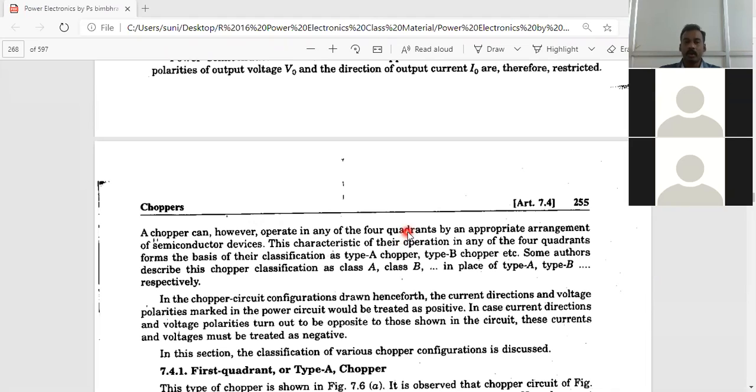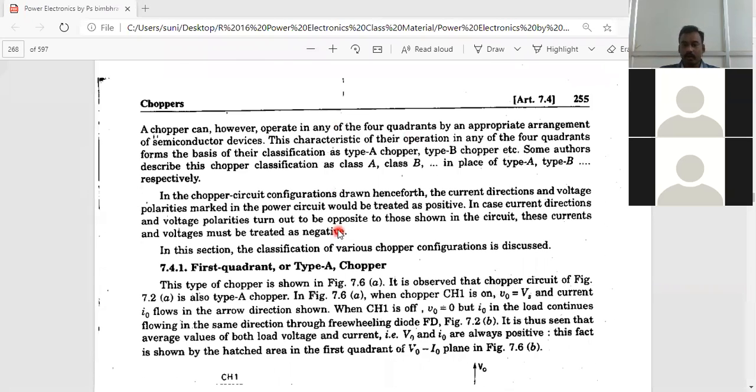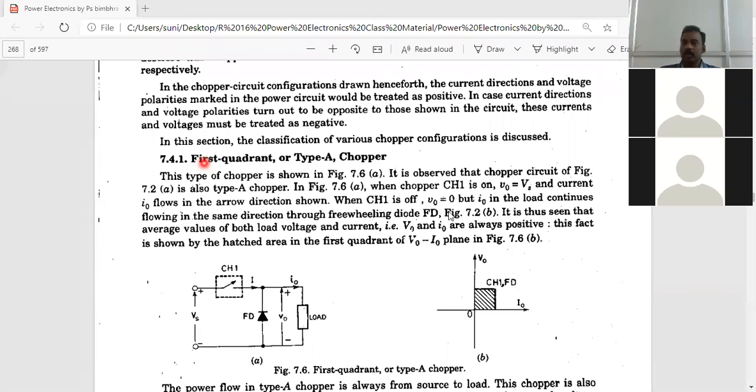Whenever we need to operate a drive in forward direction, reverse direction, or whenever we need to apply braking, in that case we consider these choppers as one quadrant operation, two quadrant operation, four quadrant operation, like that.